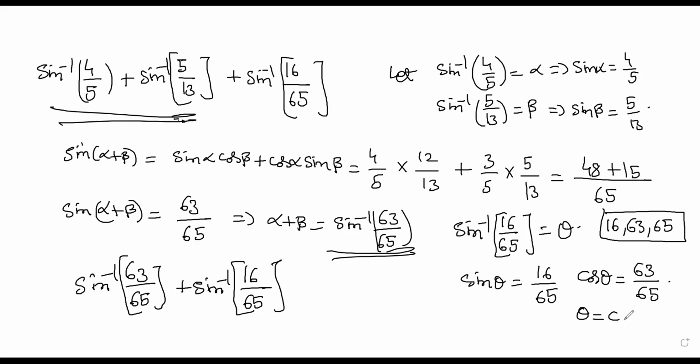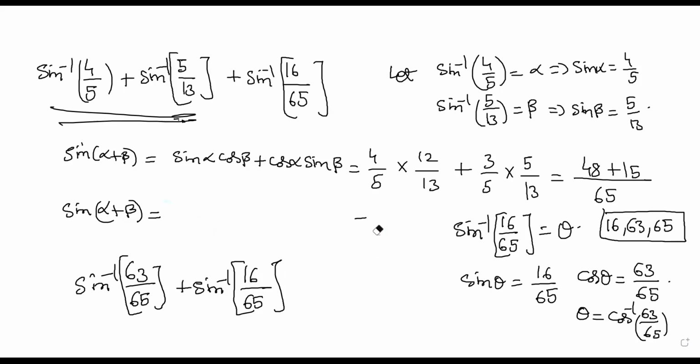So theta is cos inverse of 63 by 65. Let me substitute here. Instead of sine inverse of 16 by 65, I will substitute cos inverse of 63 by 65.